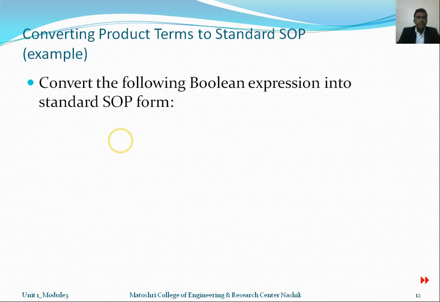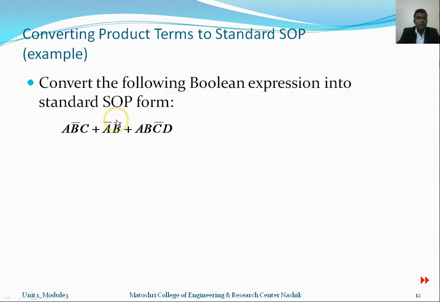We are taking one example of how we convert non-standard product terms into standard SOP forms. These are the non-standard SOP forms. Why is this example non-standard? Because we can clearly see that there are 4 variables available, but in the first product term the D variable is missing.